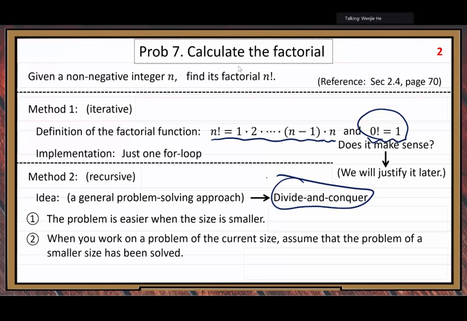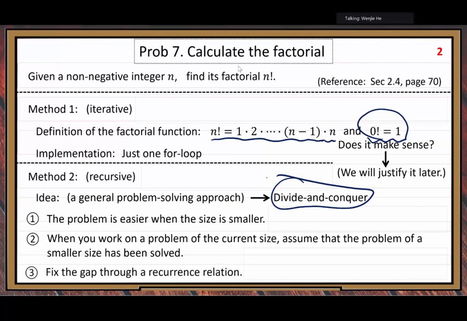When you work on a problem of the current size, assume that a problem of a smaller size has been solved. So you can use its result. The reason you assume it has been solved is because you can use its result. So then you have the recursion.